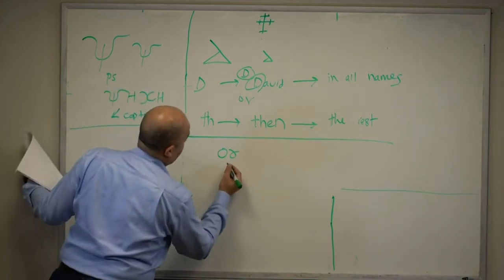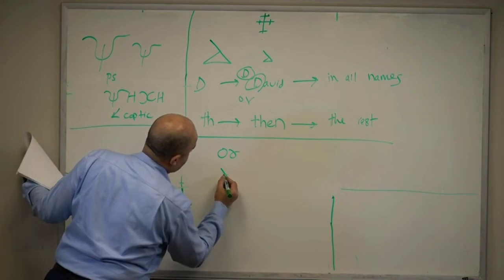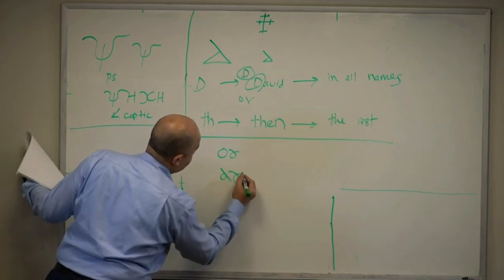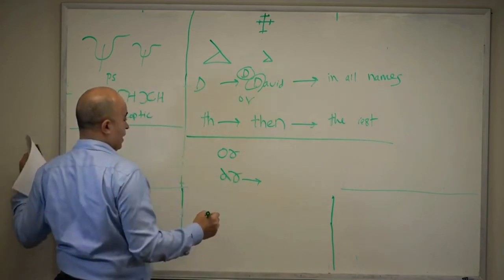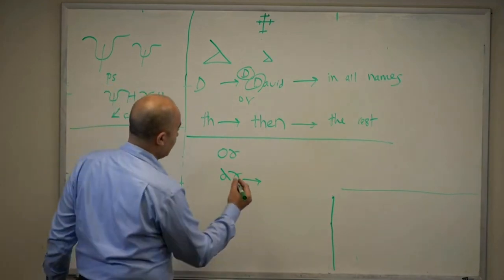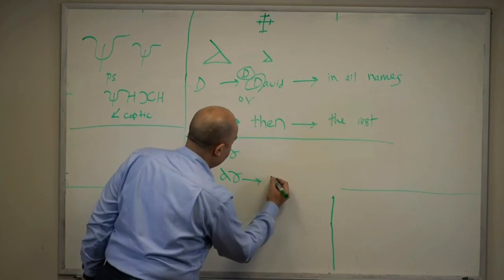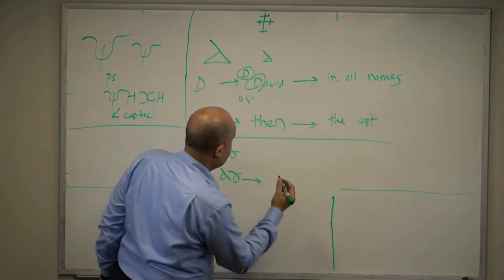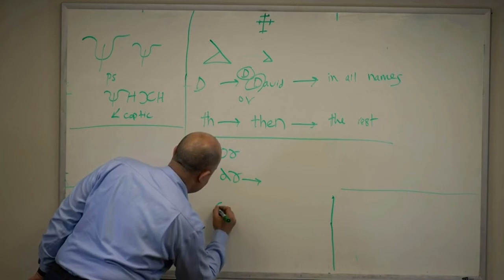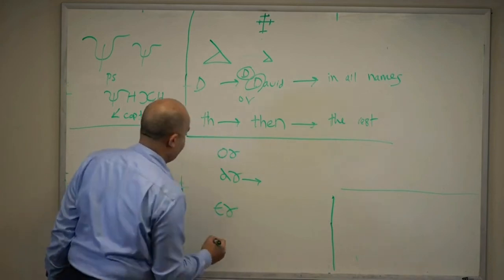However, if that epsilon is preceded by an alpha, it makes it of. So the new sound will be of. And if it's preceded by A, it becomes ev.